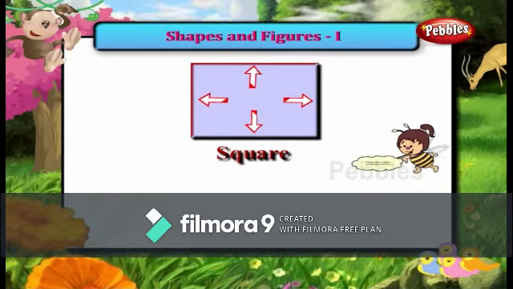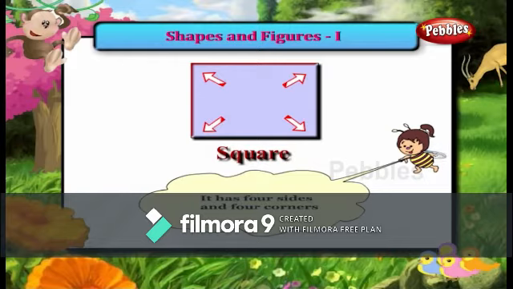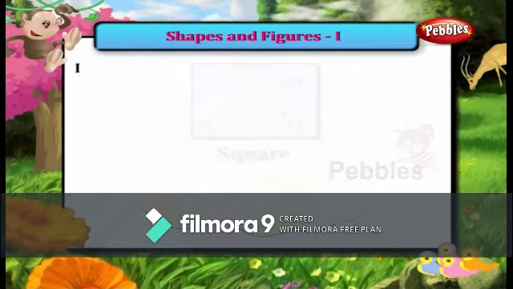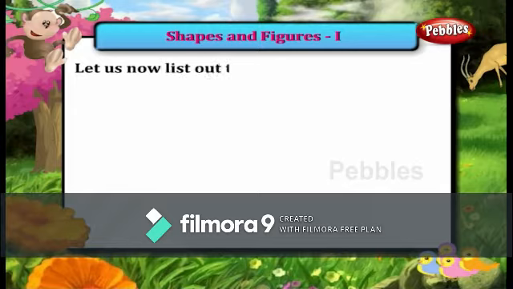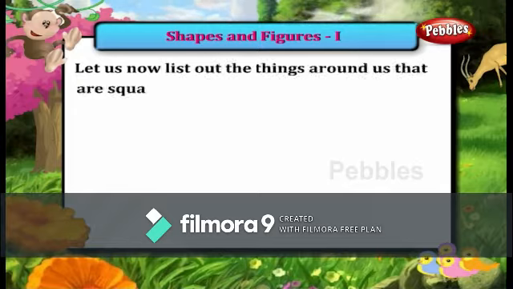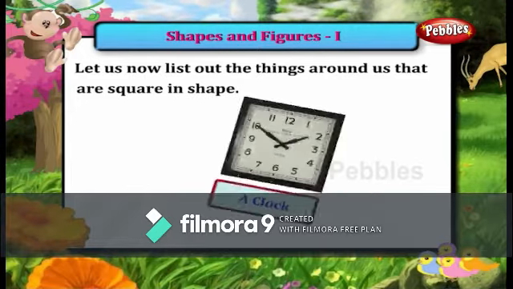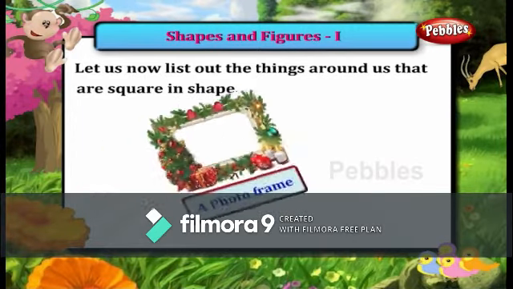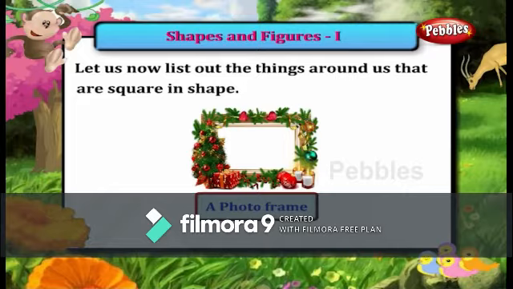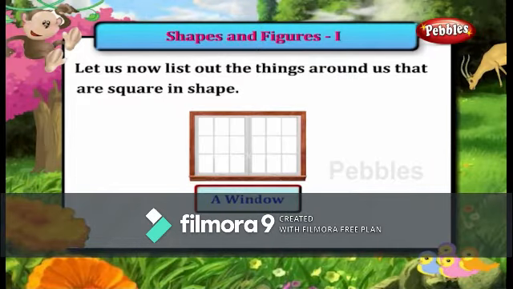It has 4 sides and 4 corners. Let us now list out the things around us that are square in shape. A clock, a photo frame, a window.